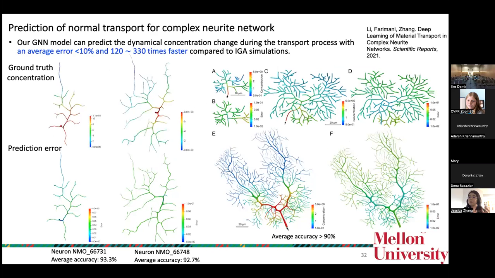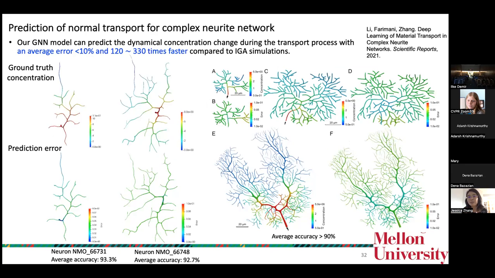So with all those trained, optimized parameters, given new settings and boundary conditions, we don't need to rerun the IGA solver, and we can use those deep learning methods to quickly give us the prediction. We can also compare with the ground truth, for which we use the IGA simulation result.